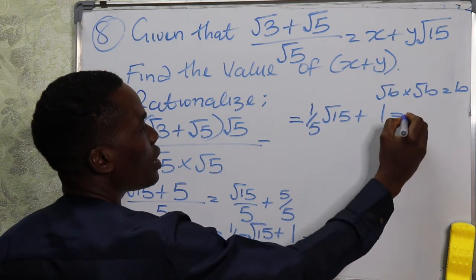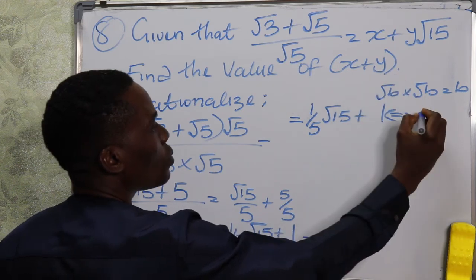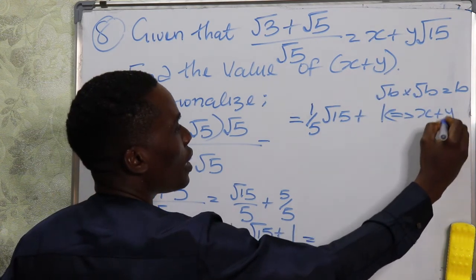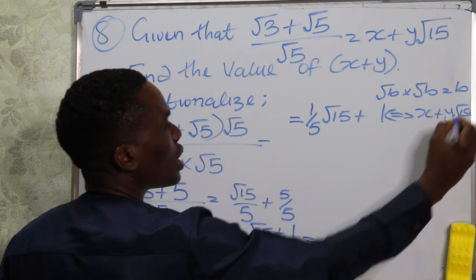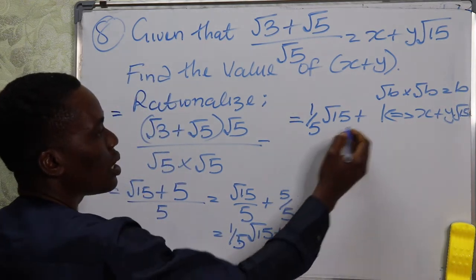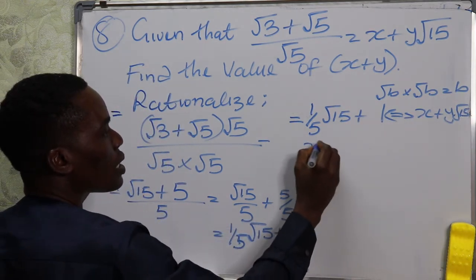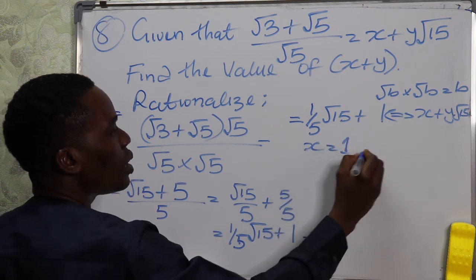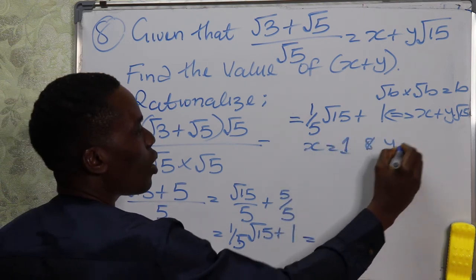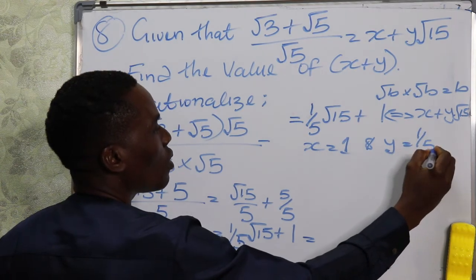Now let's compare it with x plus y root 15. Now you come to find out that from this value, your x here is equal to 1 and your y is equal to 1 over 5.